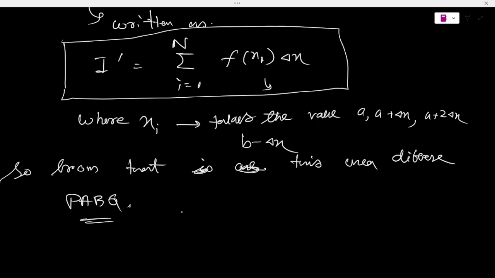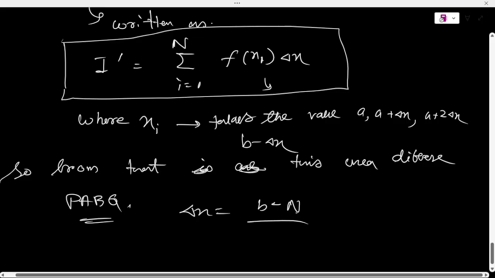And this curve is the important point as the function. So del x tends to 0, because del x is equal to b minus a divided by n. So the vertex of each bar touches the curve at a number of points.